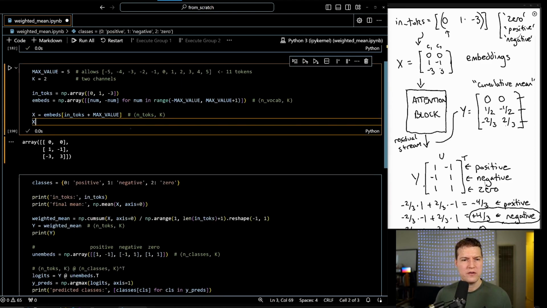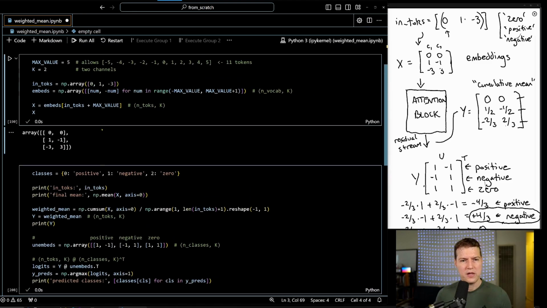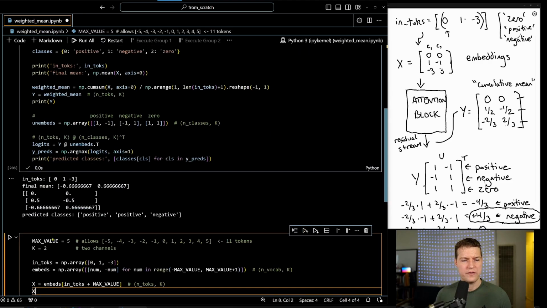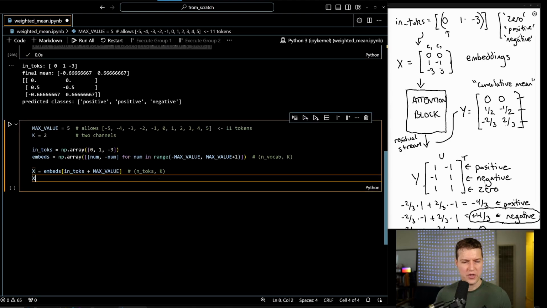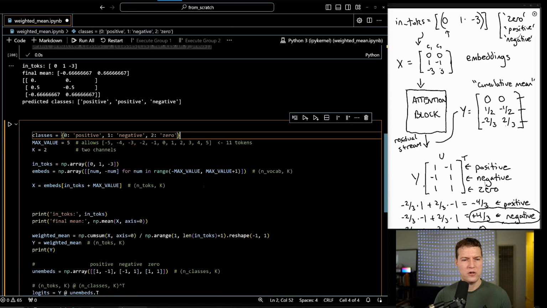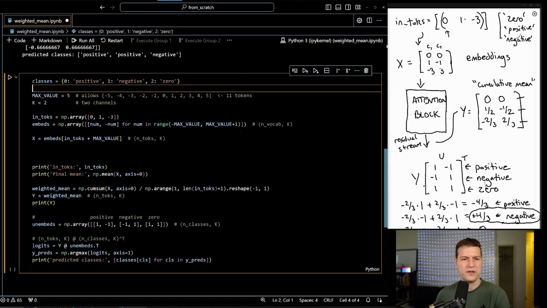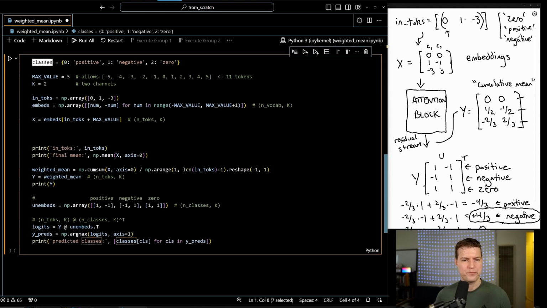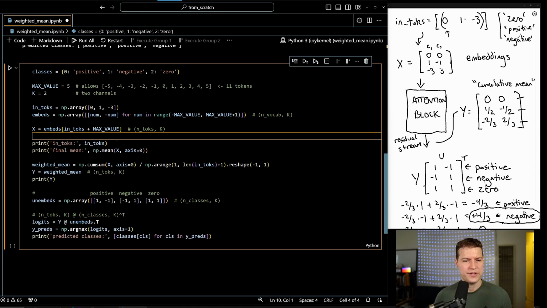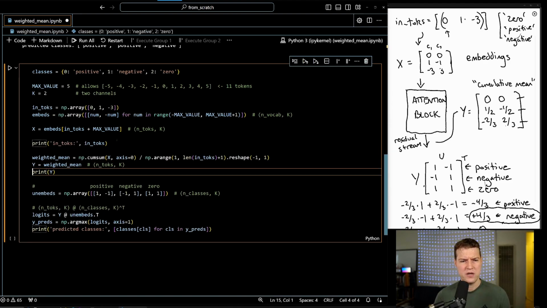Let me make a new cell. Let's move all of this into one cell, just so that we can look at the entire model all at once. I'll leave this as it is, because this is a constant. Let's move this up so that we can see; we don't need the final mean.